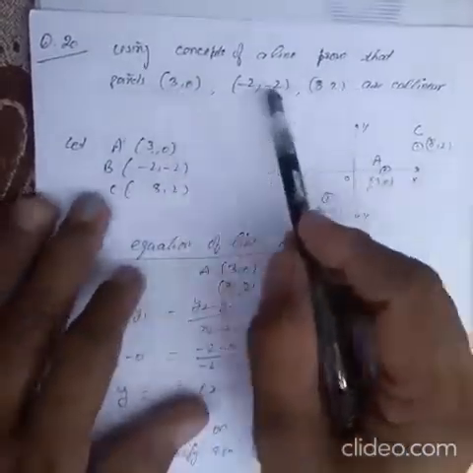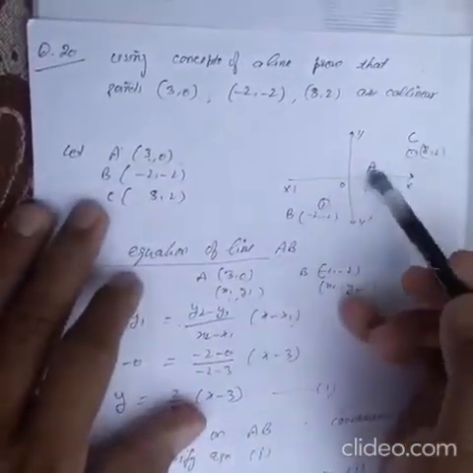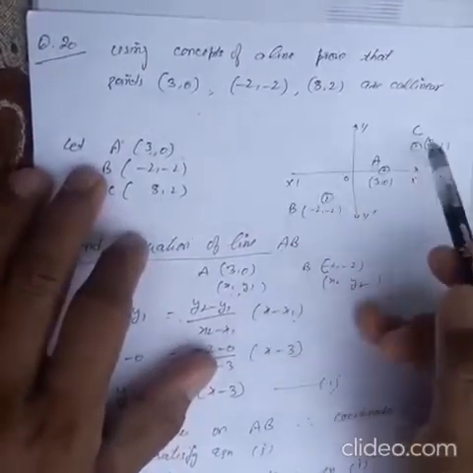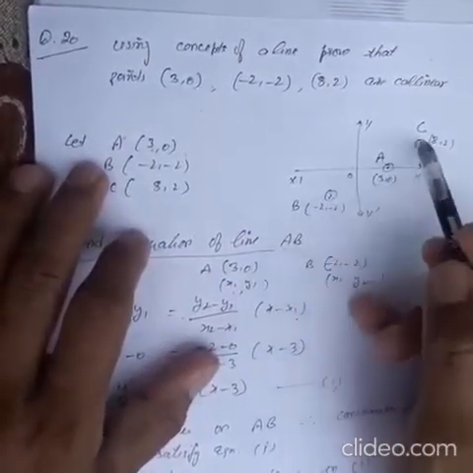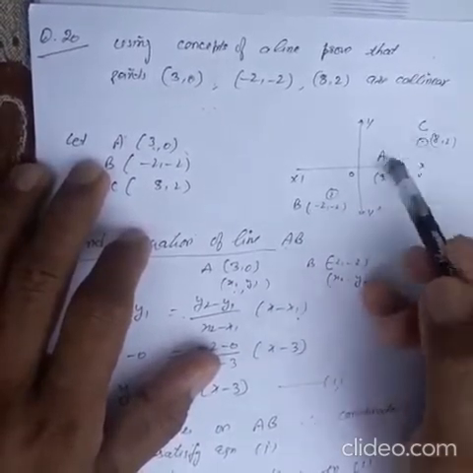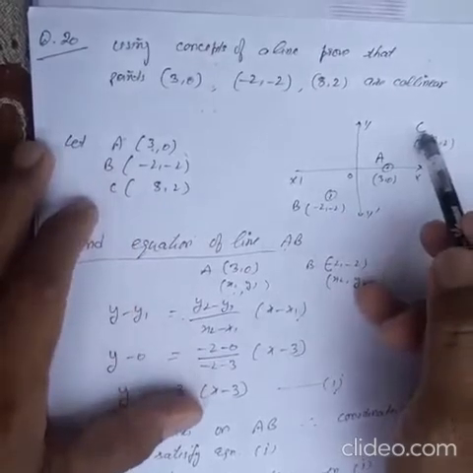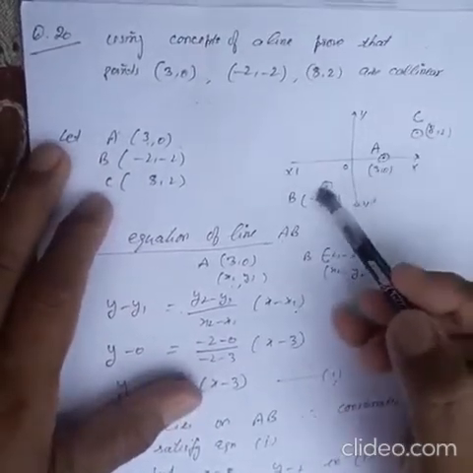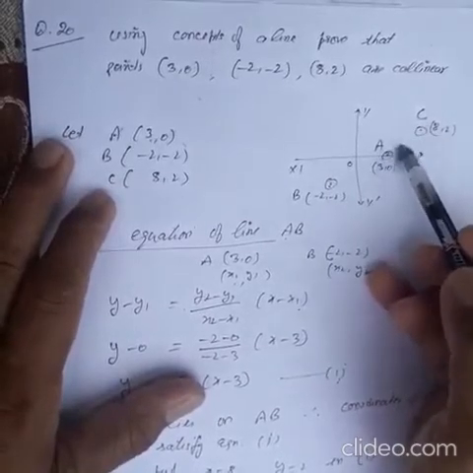So these points are collinear. In the xy plane, these are the positions of the points. If these points are collinear, it means they will form the line AB and point C will lie on AB. You can use this method or find the equation of line AB and the equation of line AC.